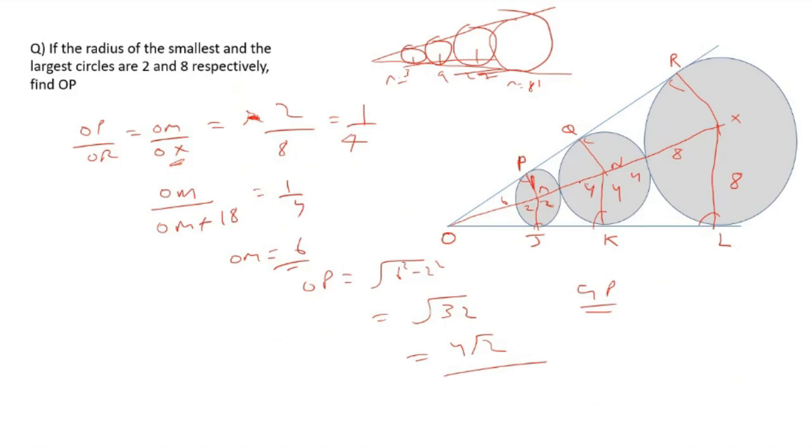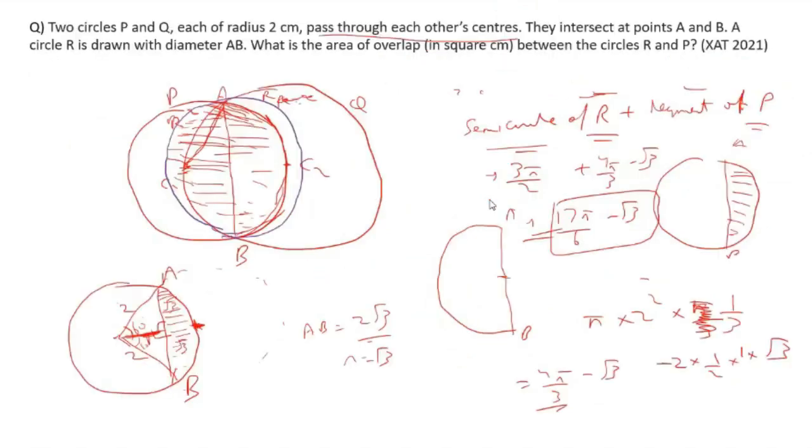So you know that this by this would be this by this plus 2, 4, 4, 8 is 18. You can find out this and then you use the Pythagoras to figure out this. There is a specific theorem for this as well, but I'll not mention that because it's the wrong approach for this, and it is hard to retain in an exam scenario. So let's not go there.